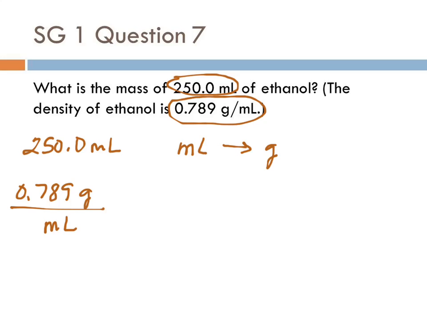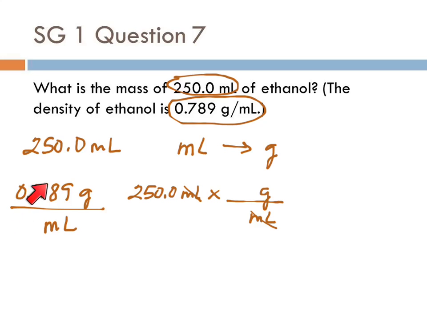So now we just take what we're starting with, 250.0 milliliters. Our path says milliliters to grams, so gram should go in the numerator of our conversion factor, and milliliters should go in the bottom, so they will cancel out. We get the units in there first, then we stick in the numbers.